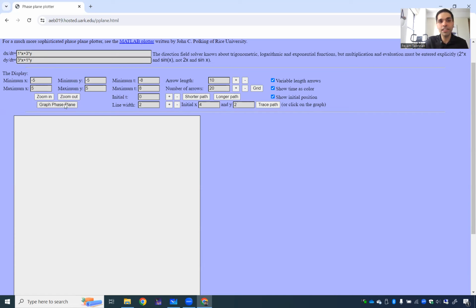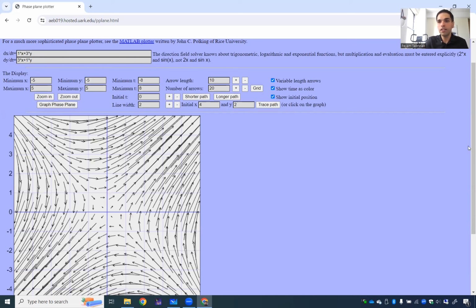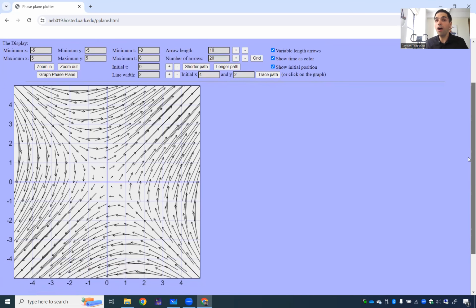Those are very important. And then all you do is you graph the phase plane. So you do this, and automatically it gives you everything. How cool is that? And not only that, you can even plot some sample solutions, just like the D-Field app, simply by just clicking on several solutions.